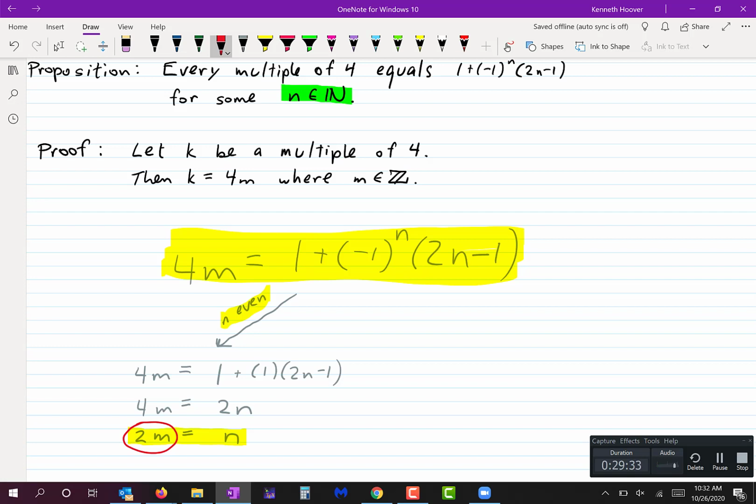because what's the second thing that I know about natural numbers? They're integers, yes, but they're also what? They're also positive. So for n to equal 2m and be a natural number, 2m would have to be positive, which means m would have to be positive.